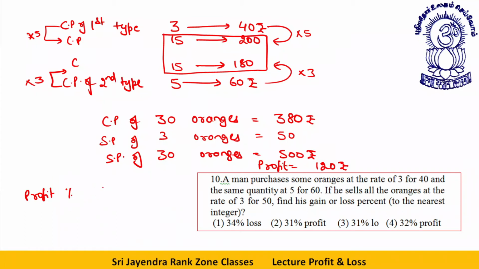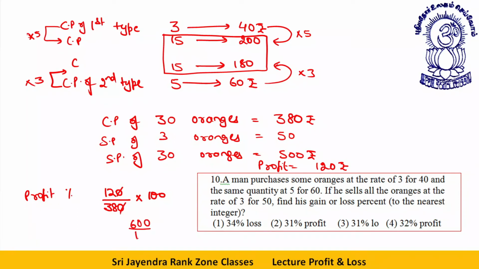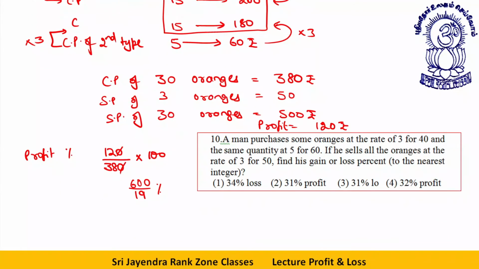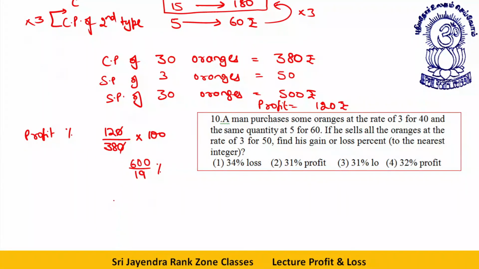See, now I need to find the profit percent. Profit percent is profit over CP into 100. Can I cancel anything? A 0 and a 0 cancel. This is 12 by 38, or I can say 600 by 19%. This I can further write as 570 plus 30 divided by 19.